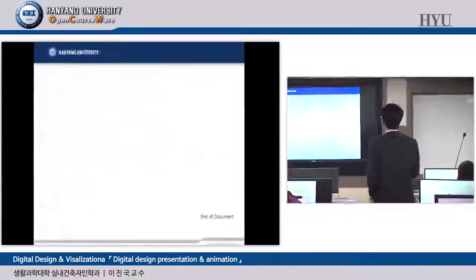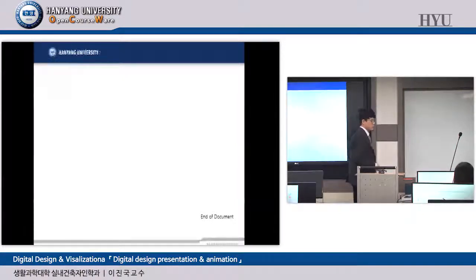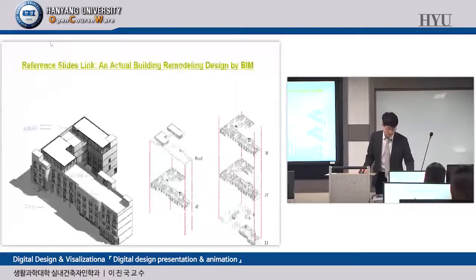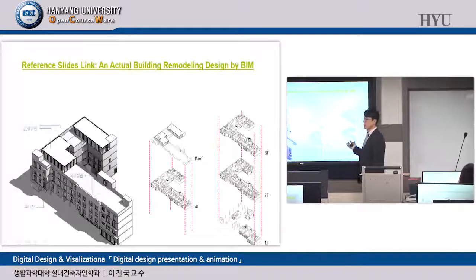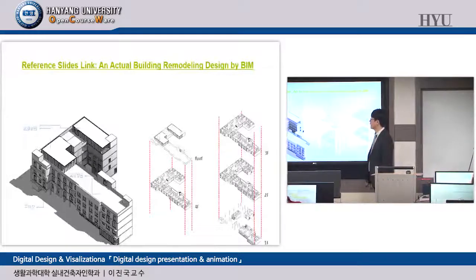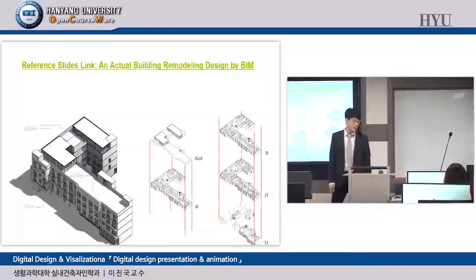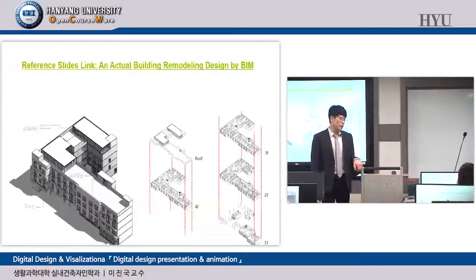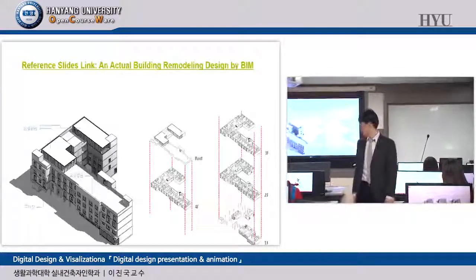So here is my simple preview of how this kind of BIM-based design and its application analysis can be done, thanks to the rich information we have in BIM, okay?